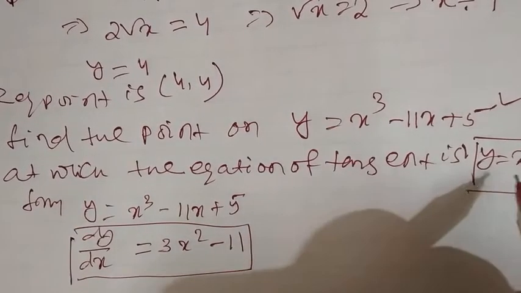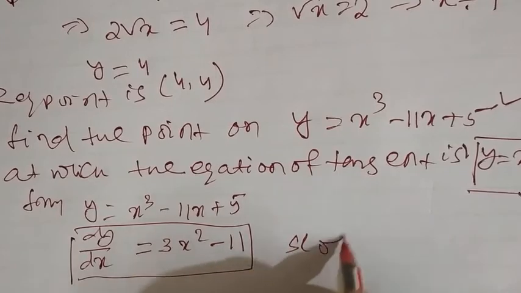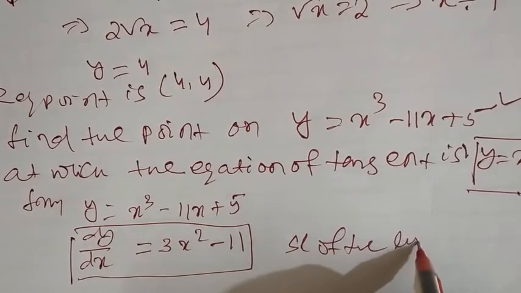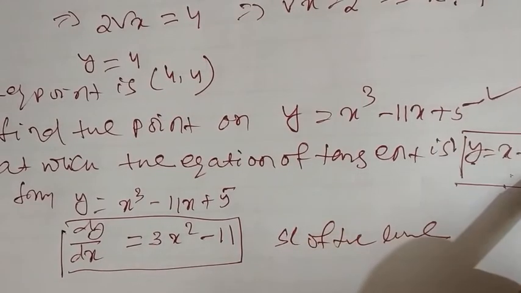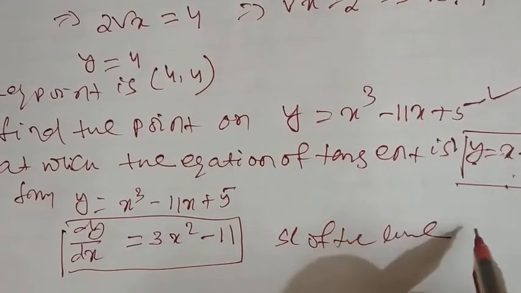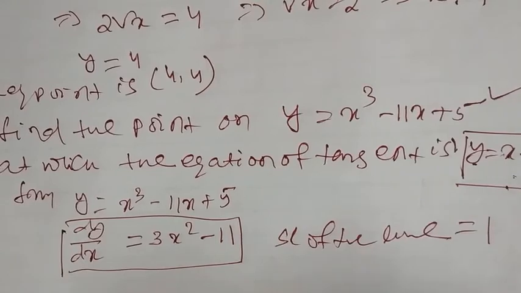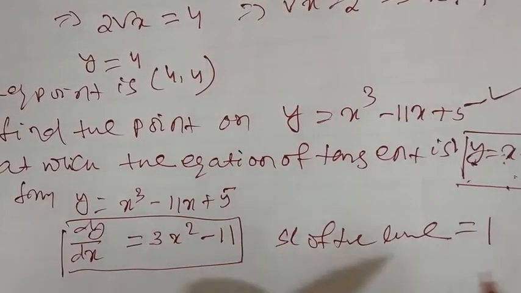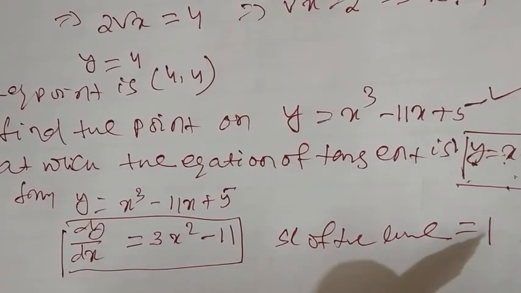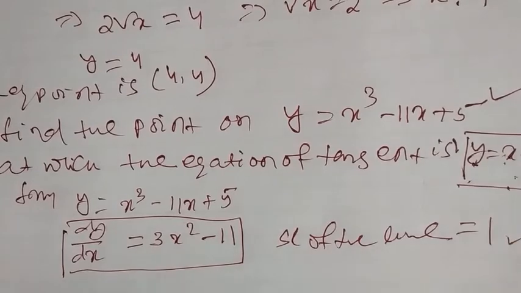Okay. What is the slope of the line? Y equal to mx plus c style, m is 1. दूसरा तरीका, get dy by dx. dy by dx निकाल, 1 मिलेगा. That is also slope of the line. Okay. Getting the idea. चलो. तो slope of the line is 1.